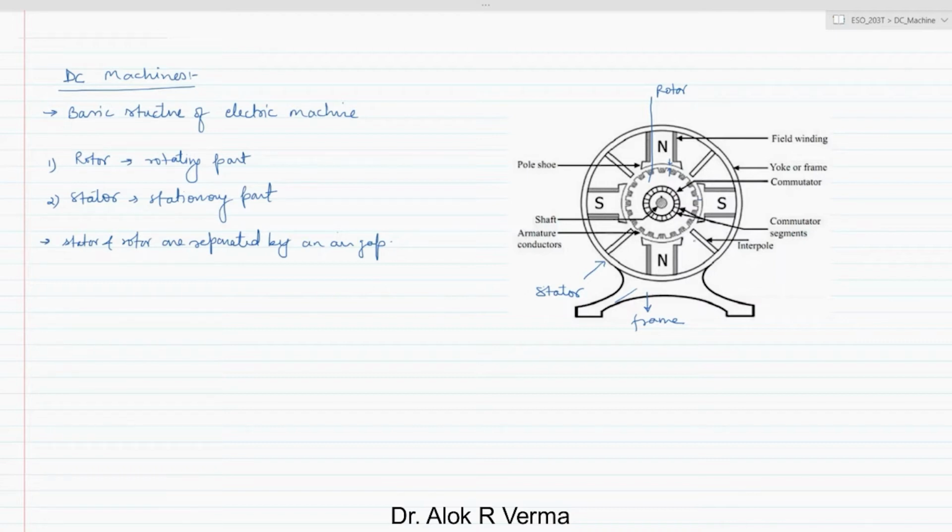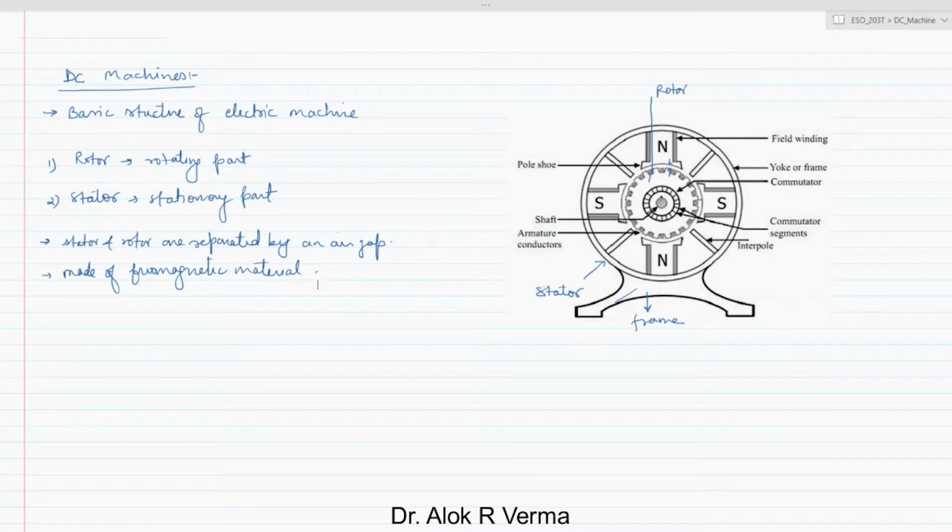The stator and the rotor are made of ferromagnetic material.